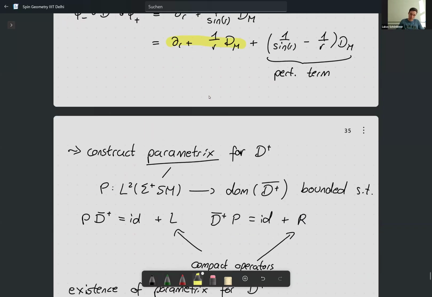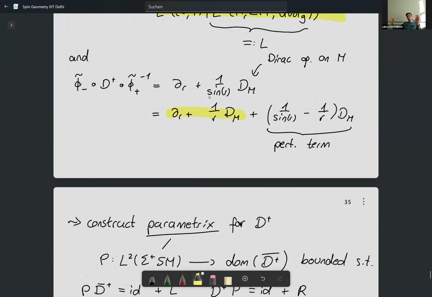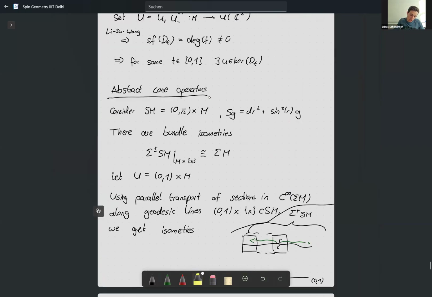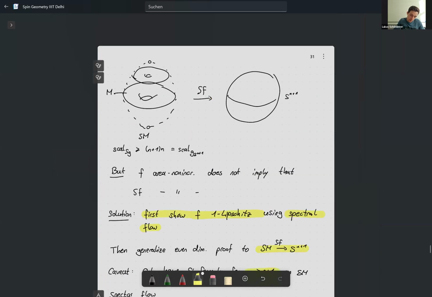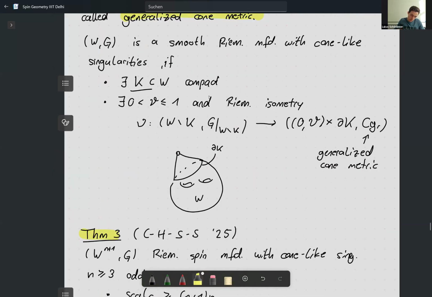And then we still have the parametrix for the inner part. So maybe let's go to this picture for cone manifolds.